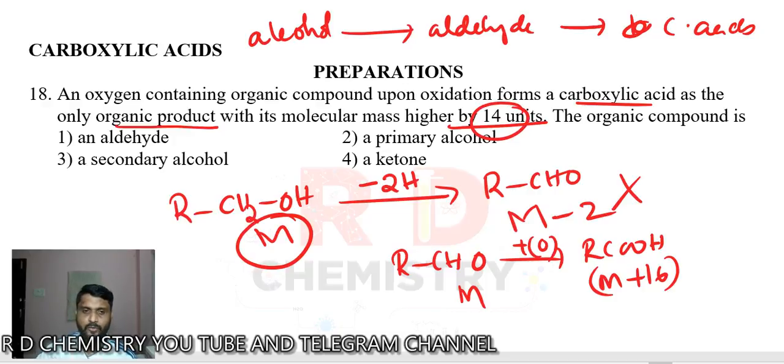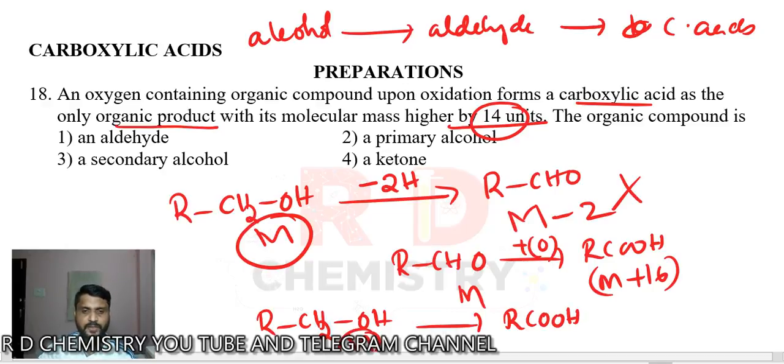So what you can do now is convert the primary alcohol directly into the carboxylic acid, RCOOH. See carefully, if M is the molecular mass of this primary alcohol, we are adding one extra oxygen, 16, but we are removing two hydrogens.